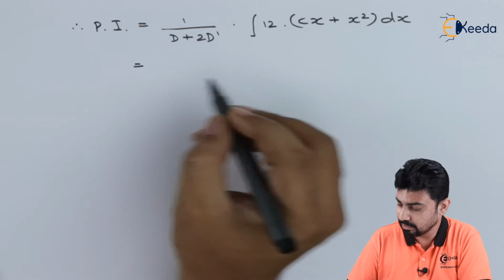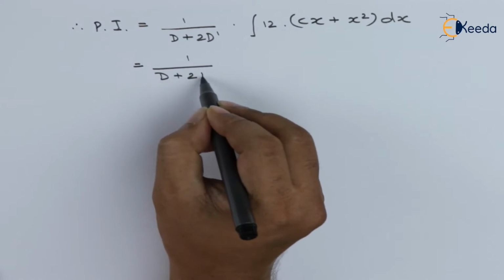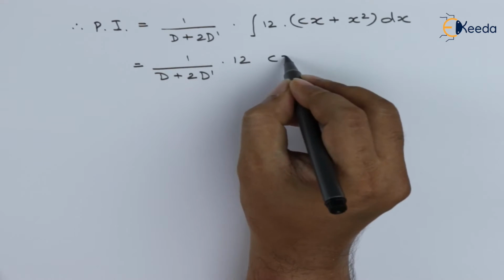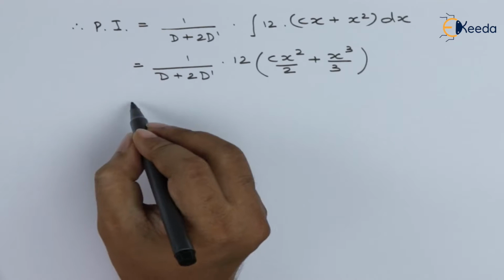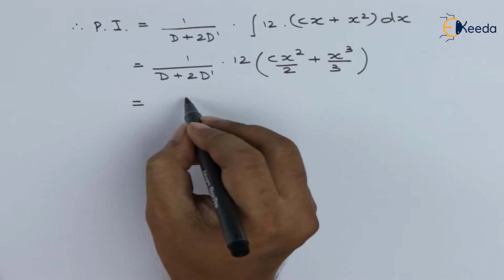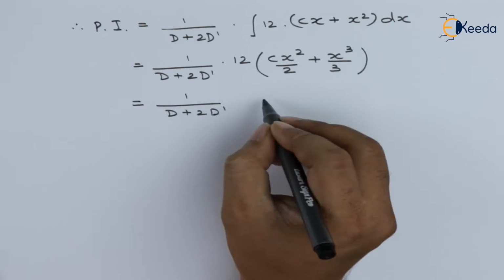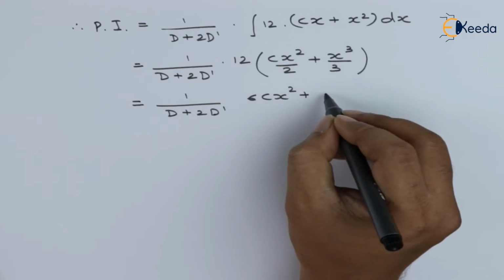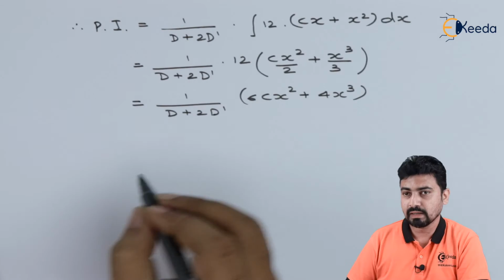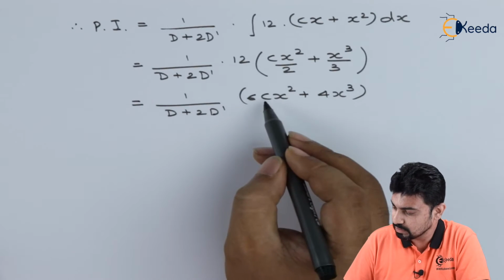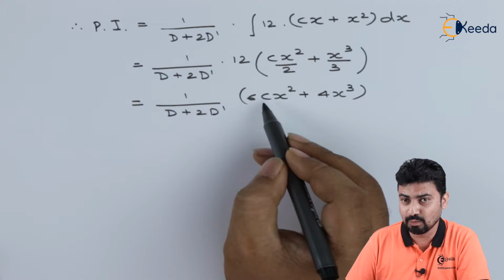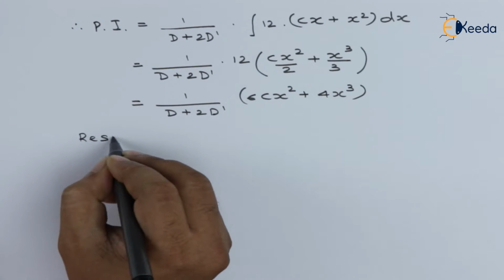So what do we get on integrating? Let us simplify and write this. And now we had substituted y is equal to c plus x. So c will be equal to y minus x.